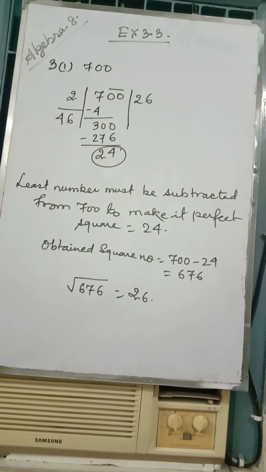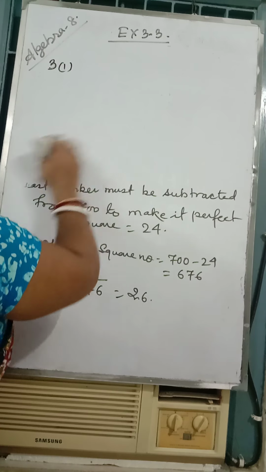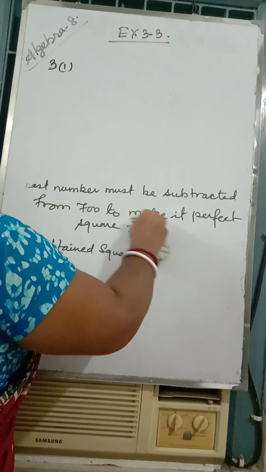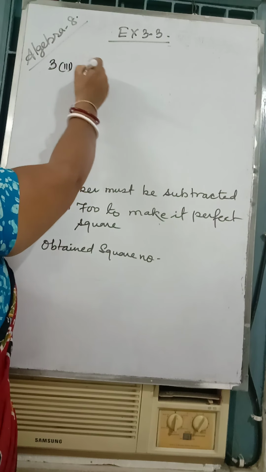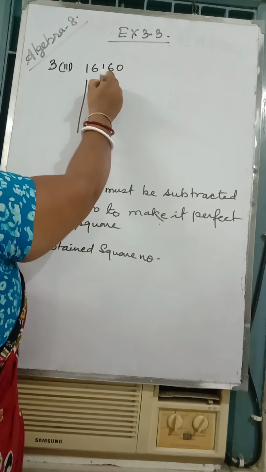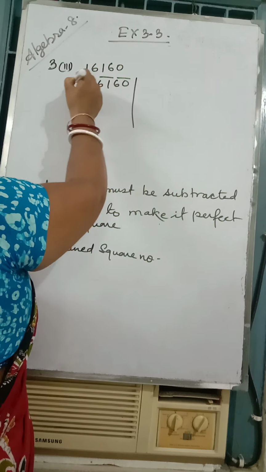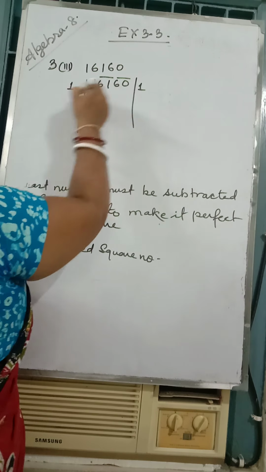Let us see question number 3.3. Here you are given the number 16160. So we'll just get the square root of this. Make pairs. 1 1 is 1. 61 is coming down. So double of 1 is 2.